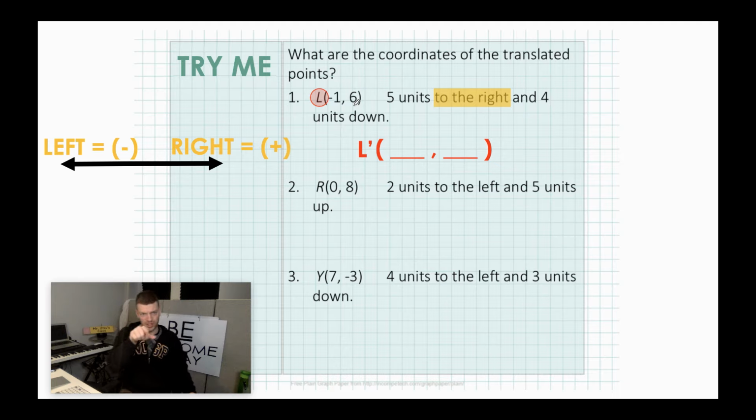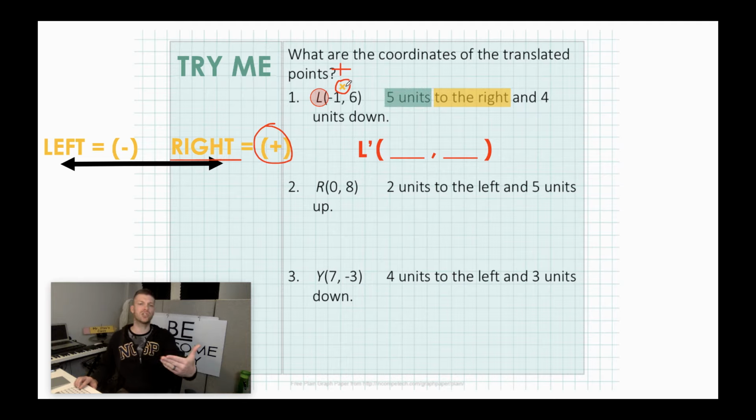Let me write 1, 2, 3. Since we're going to the right, we're going in the positive direction, so what we're going to do is add. That kind of looks like a multiplication sign, but that's a plus. I tried to write it on an angle and didn't really consider it.